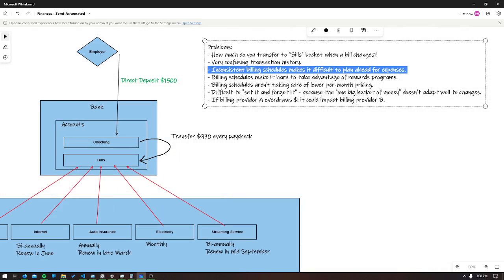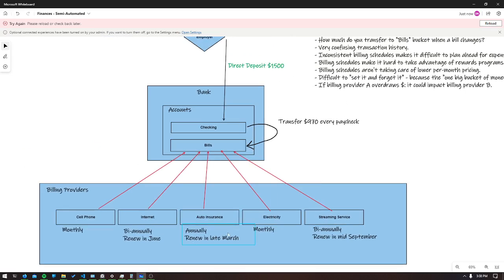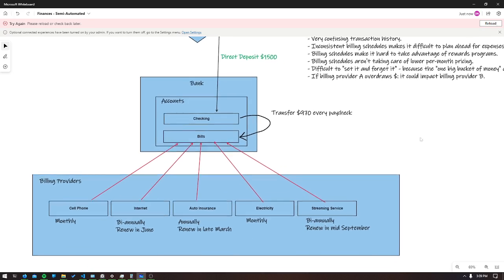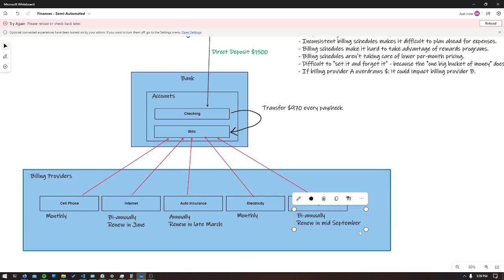All right. Another issue here is the billing schedules, because they're inconsistent and across the board. Some of the stuff's monthly, some of it's biannual, some of it's annual, and the longer-term expenses are renewing at different times. Because of all that, it's going to be hard to plan ahead for expenses. This one renews in June, this one renews in March, and this one renews in September.